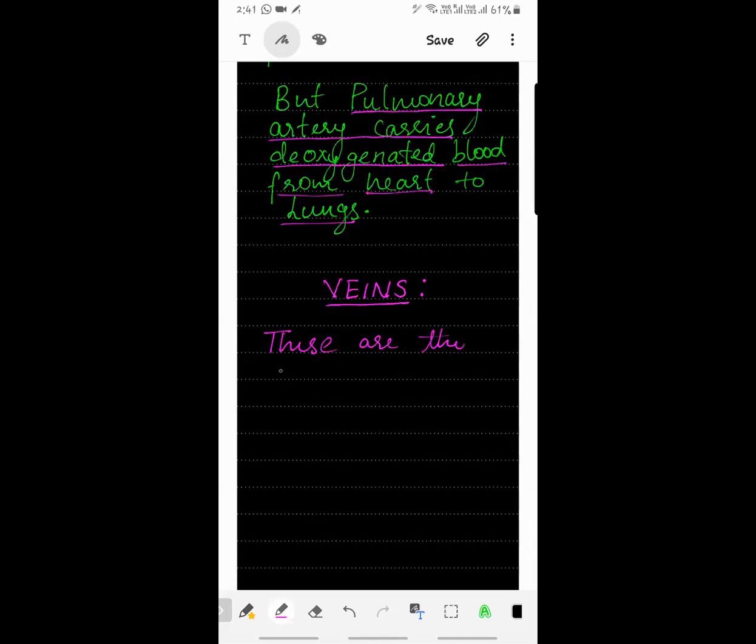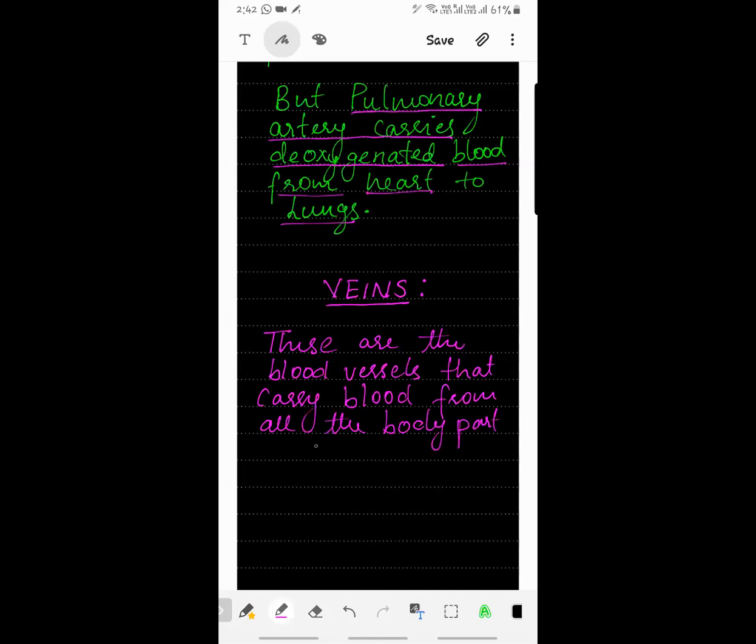These are the blood vessels that carry blood from all the body parts to the heart. If the pulmonary artery carries deoxygenated blood, why is it not called a pulmonary vein? The pulmonary vein carries oxygenated blood. So there is one exception here. We'll see that.